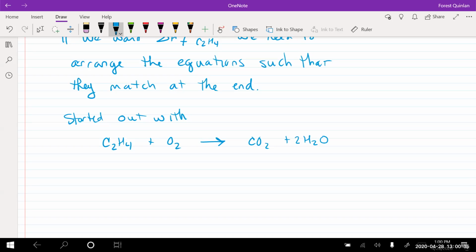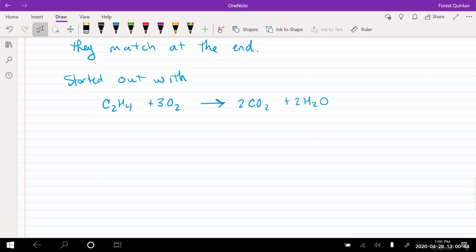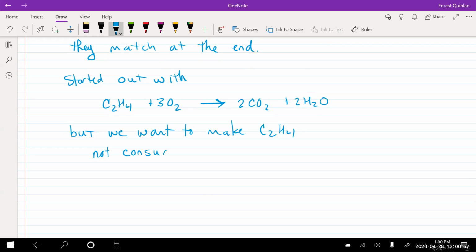And there were a couple of waters and a couple of carbon dioxides and I think 3 oxygen. Okay, but we want to make ethylene, not consume it. So let's switch the equation. Let's reverse it. You'll see why in a second.